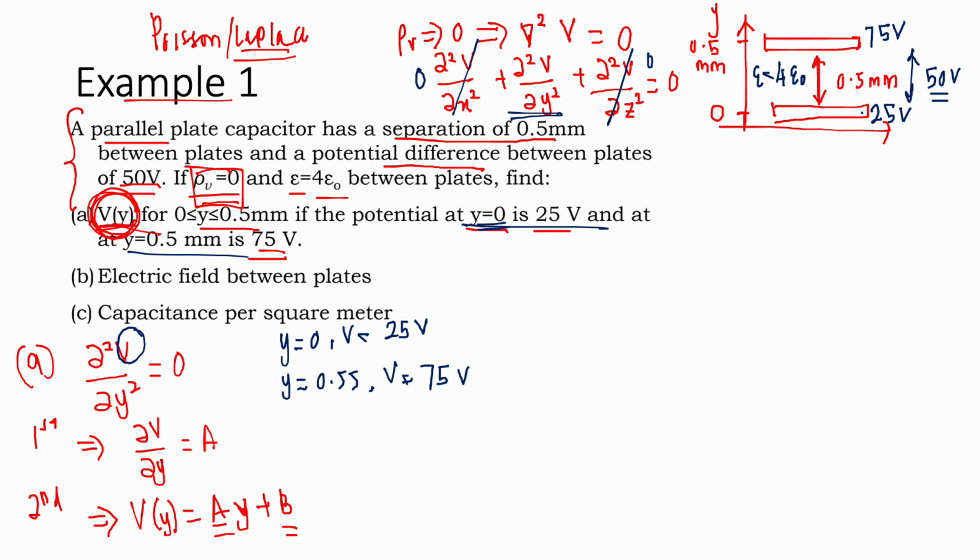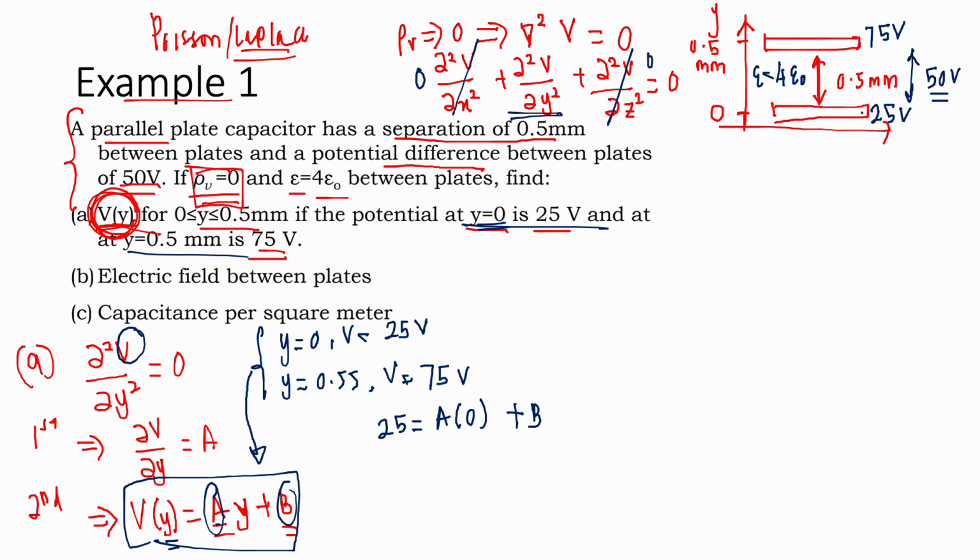When y equals 0, the voltage is 25, so 25 equals A times 0 plus B. This is our general equation, so we can substitute into it to determine the unknown variables. Therefore, we obtain B equal to 25.